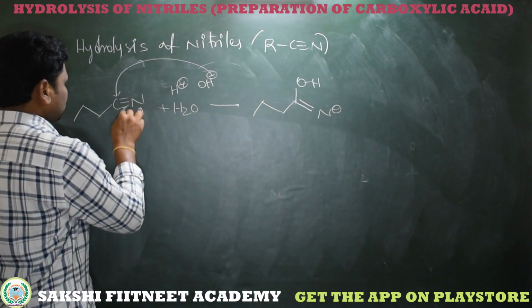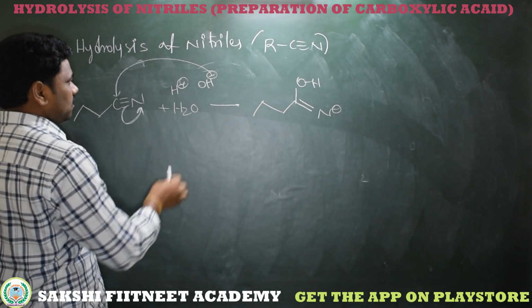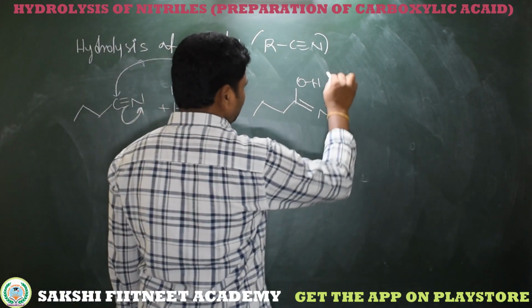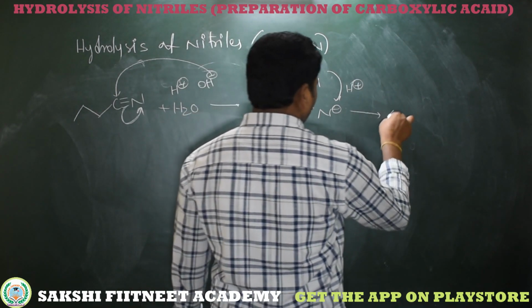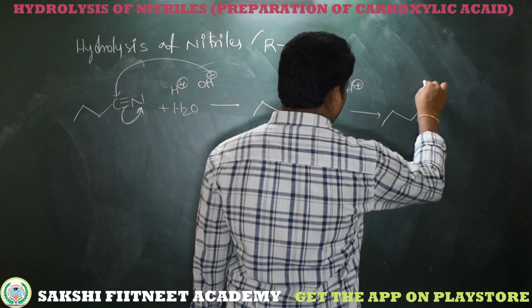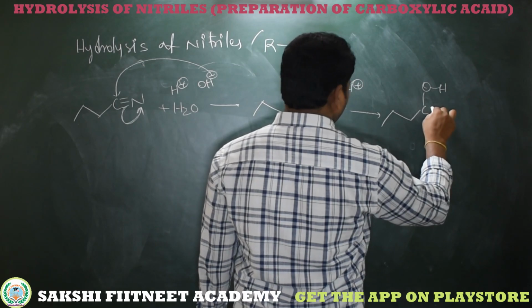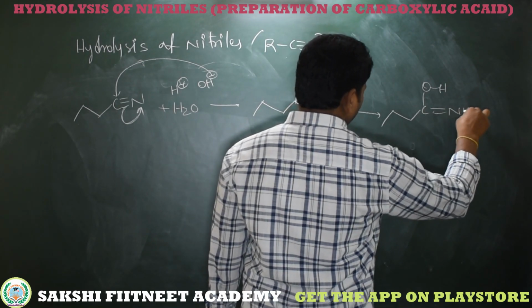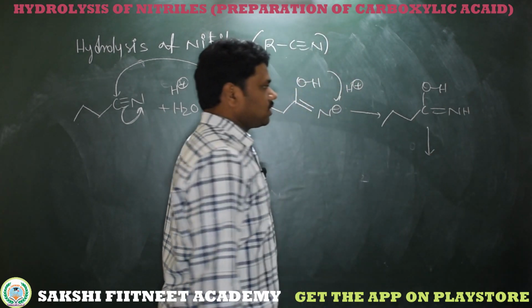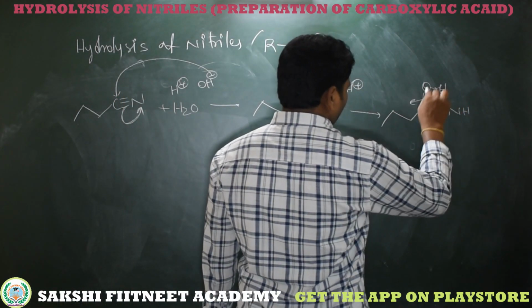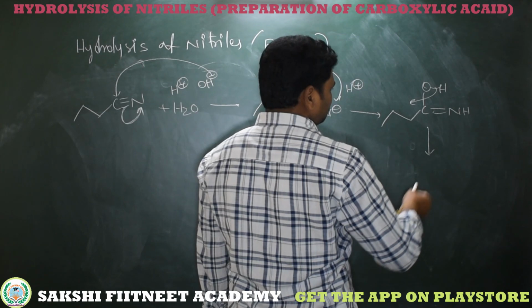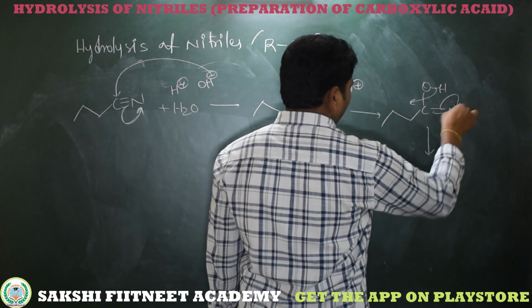Due to the shifting of these pi electrons, nitrogen gets N minus, which is neutralized by H plus from the water molecule. So here we got, I am writing carbon to avoid confusion, a double bond NH. This is like an enol form. So it participates in a keto-enol tautomerism and converts into amide.